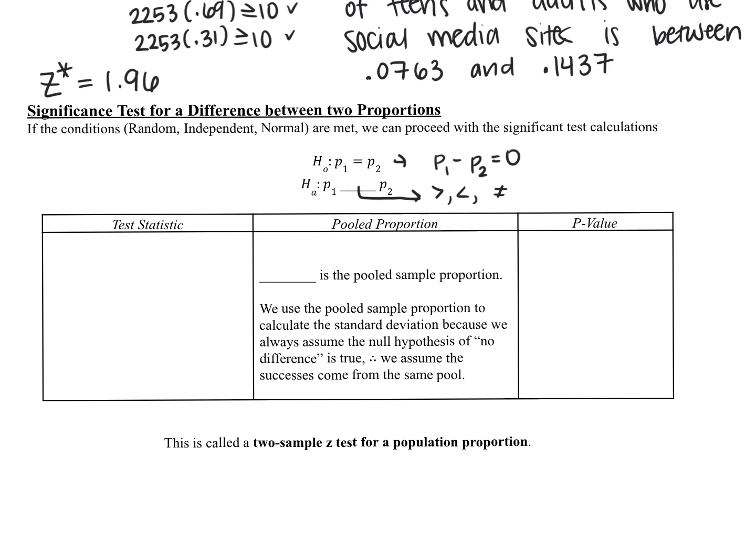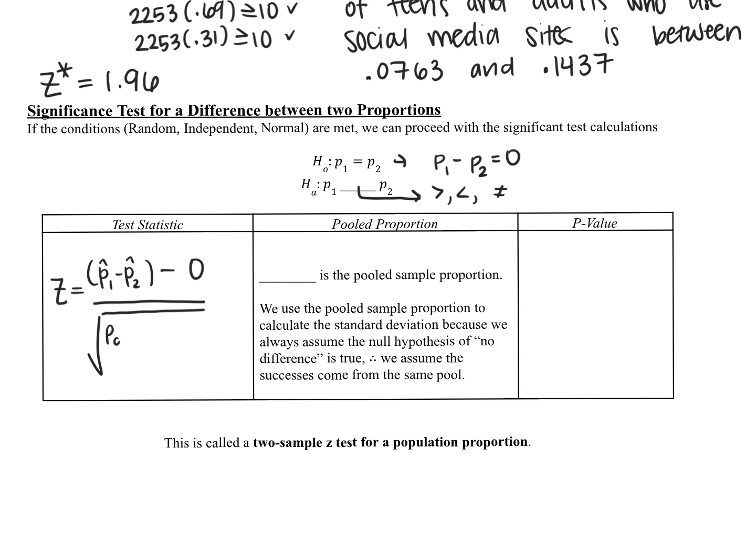So when it comes to our test statistic Z, we're going to do P1 hat minus P2 hat, and then minus 0, because P1 minus P2 is 0, over, and then we have to use something called a pooled proportion.